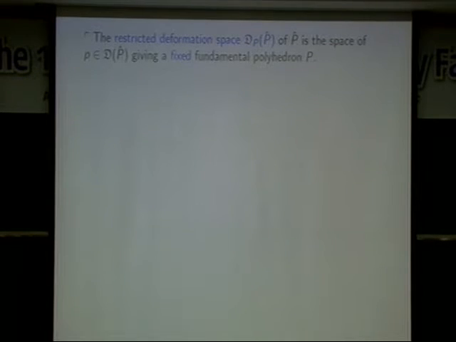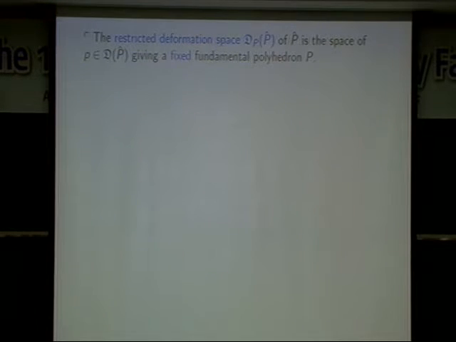So before going to the total deformation space, previously I mentioned that the restricted deformation space is the space of P giving a fixed fundamental polyhedron up to projective automorphism. Okay.